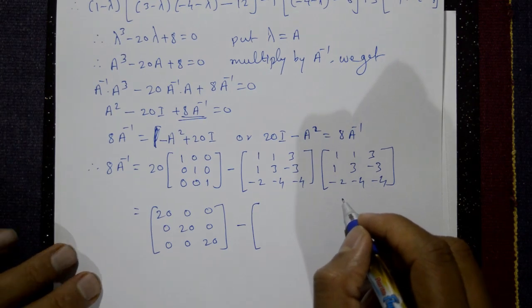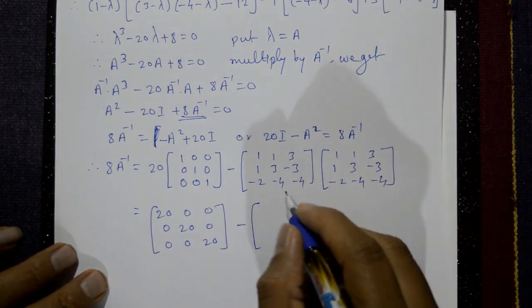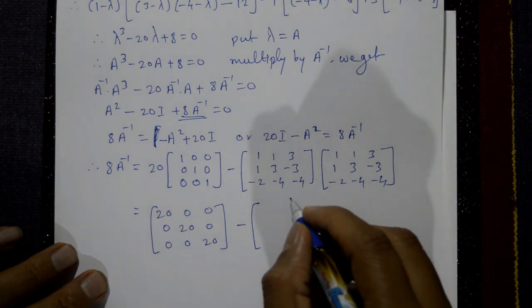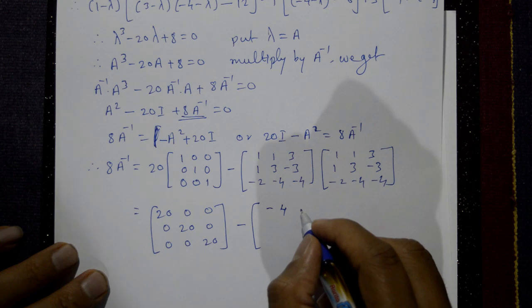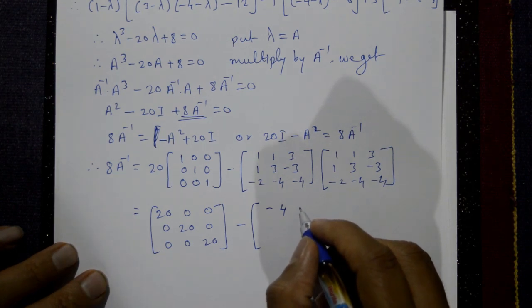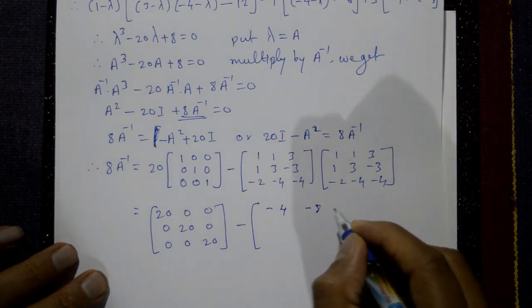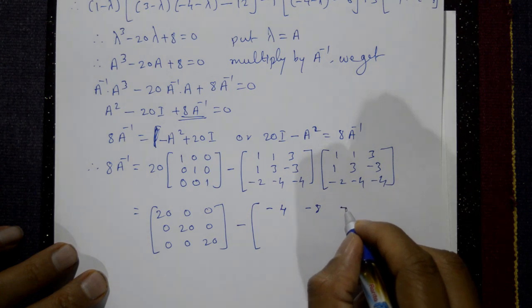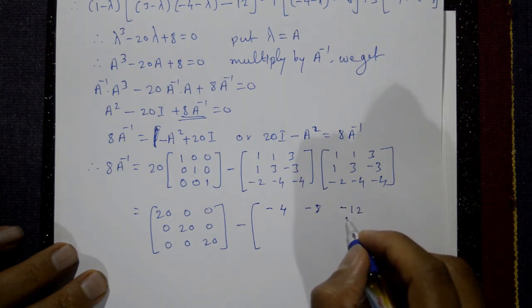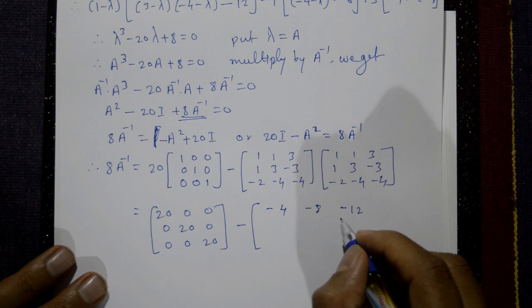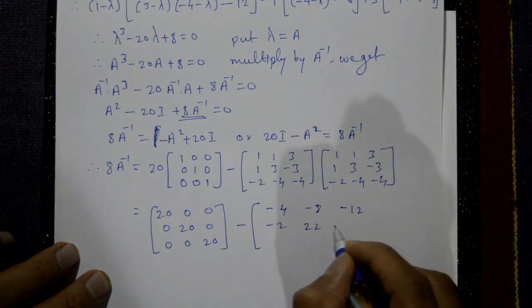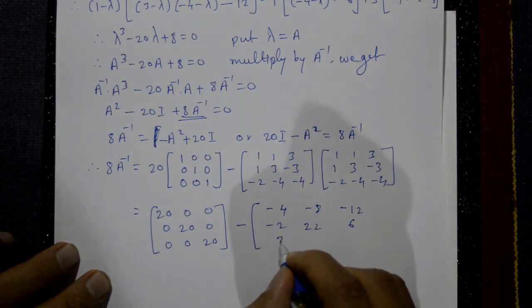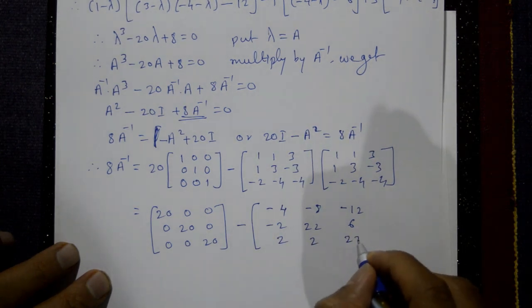So after matrix multiplication you get minus 4, minus 8, minus 12, and then minus 2, 22, 6, 2, 2, 22.